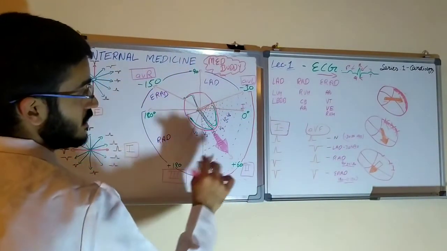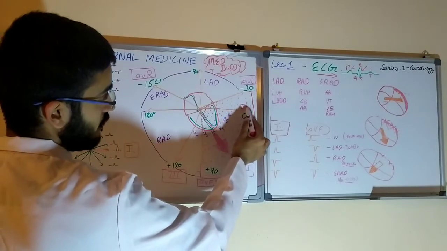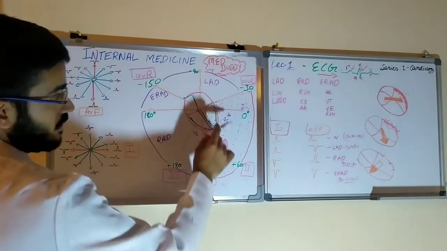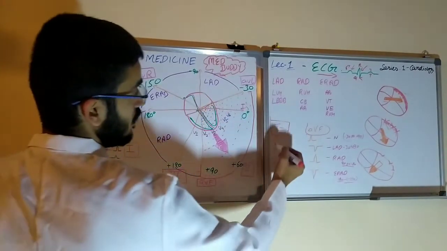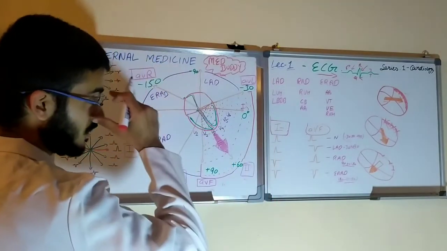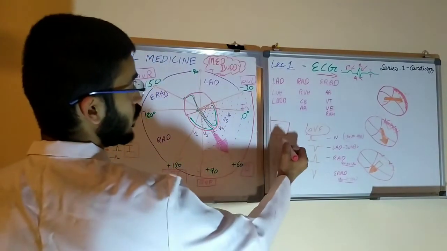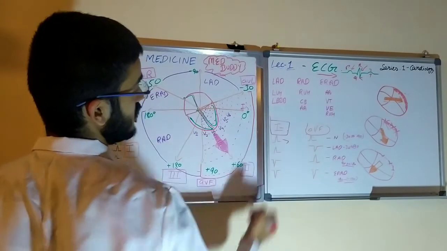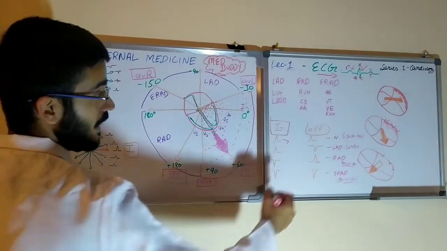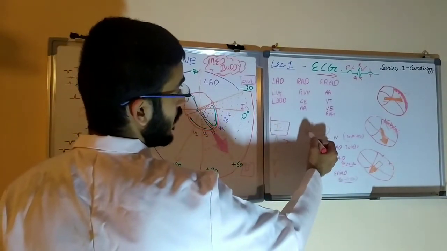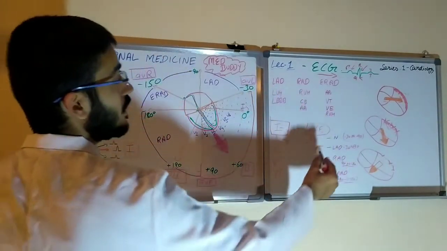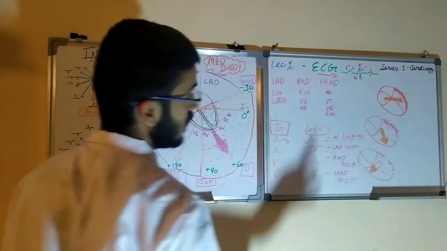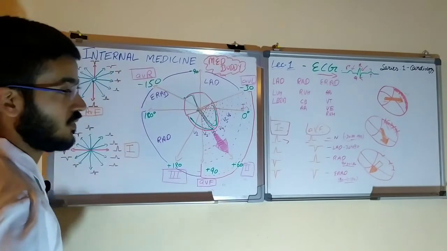In most cases it should be positive. All right. So if there is a positive wave in the first bipolar lead and positive in AVF as well, it is the normal axis of the heart.